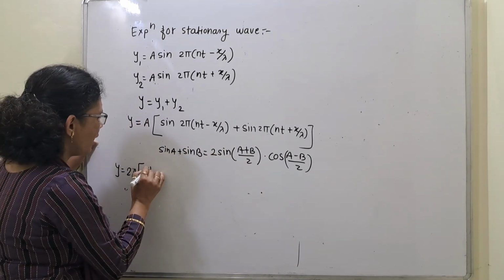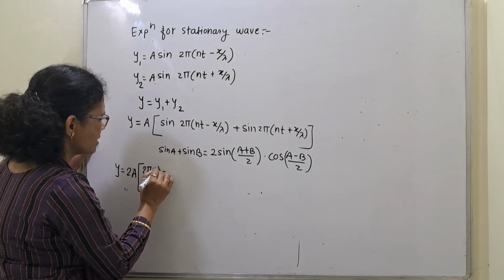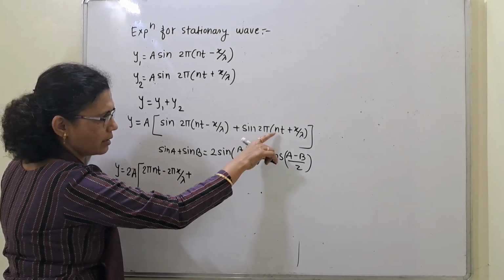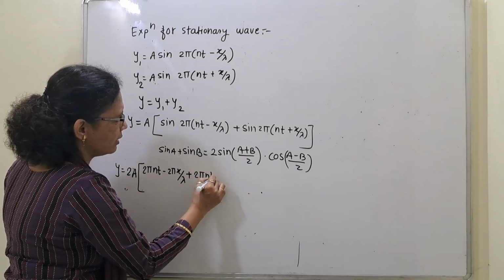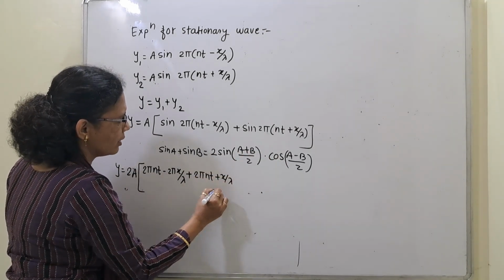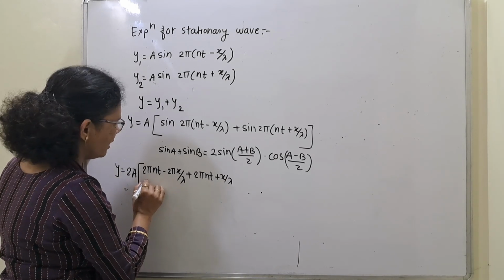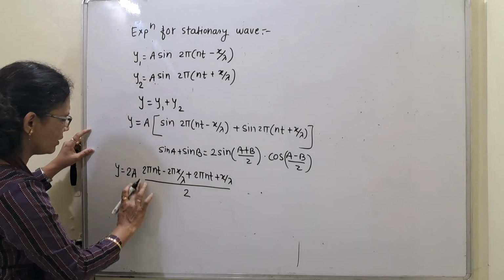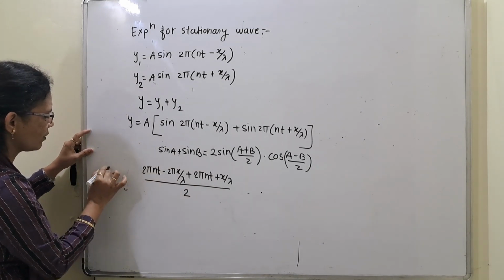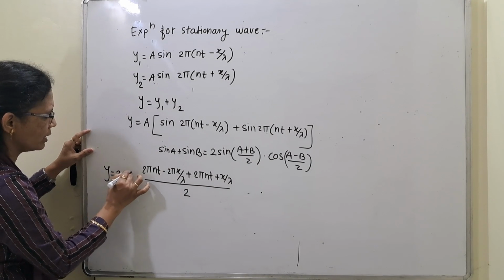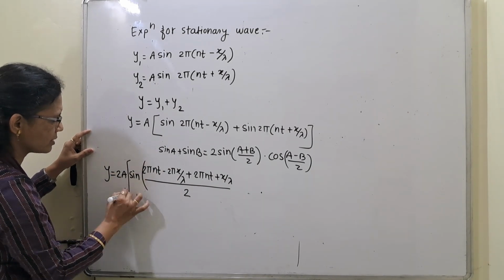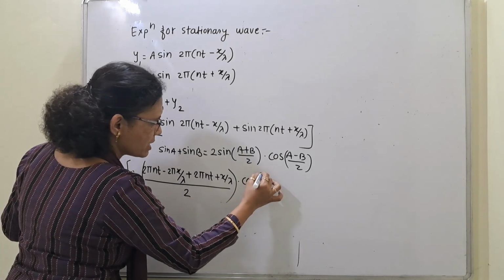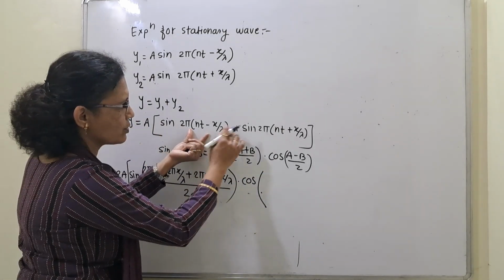See, 2 pi n t minus 2 pi x upon lambda plus this term 2 pi n t plus x upon lambda, divided by 2. Right? So y is equal to 2a sine of, in bracket, this term, into cos of. There will be subtraction now. From this we have to subtract this one.